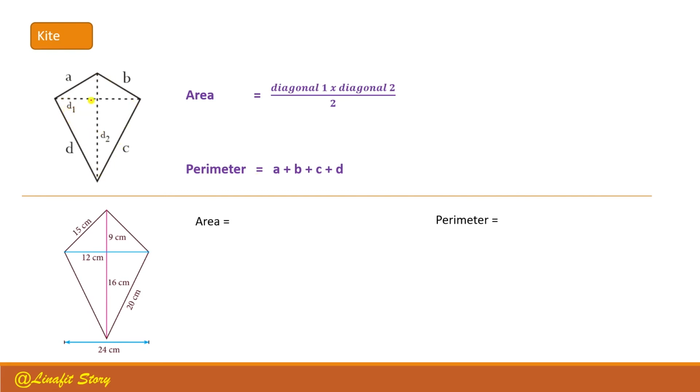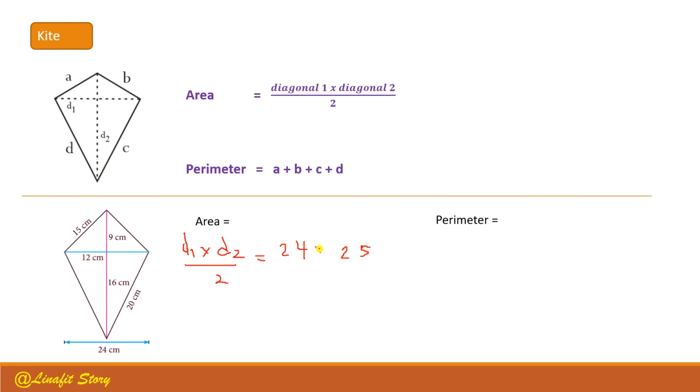For example, we will find the area of this kite. Diagonal 1 times diagonal 2 divided by 2. 12 plus 12 is 24. 9 plus 16 is 25.